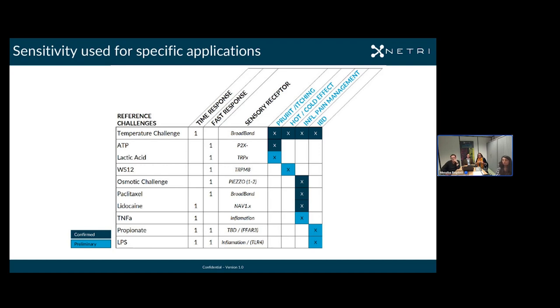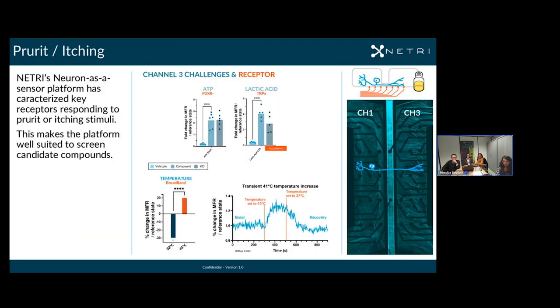For example, if you want to test for ATP, it would be with a fast response protocol, while protective effect or inflammation will be more tested with time response. And you have examples of the known target, or if you don't have a specific receptor, I will show you examples of compounds that we tested in those conditions.